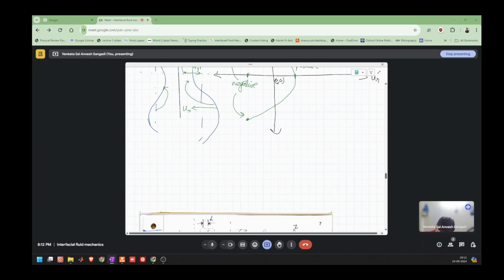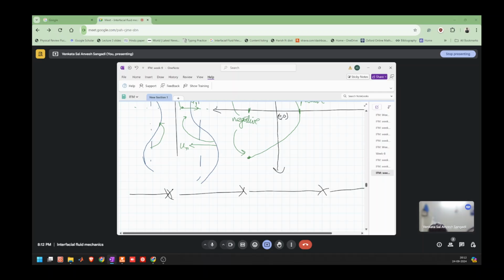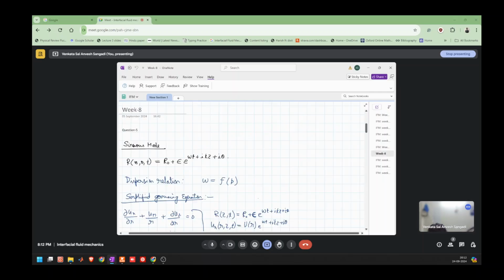So here we end the questions. In the last class, there was some confusion regarding the final question, so let's look at that.